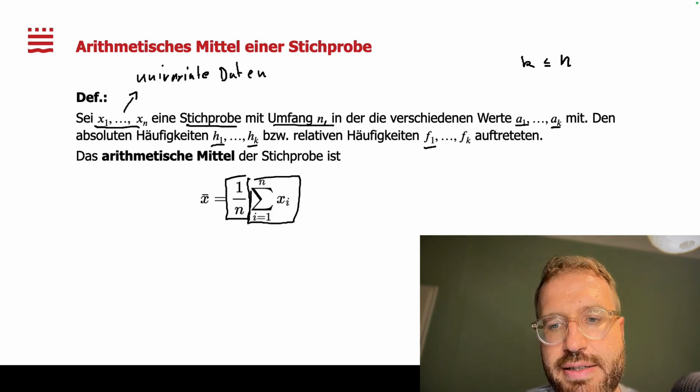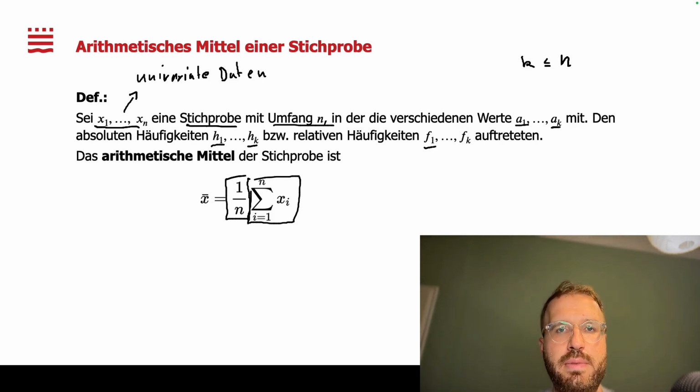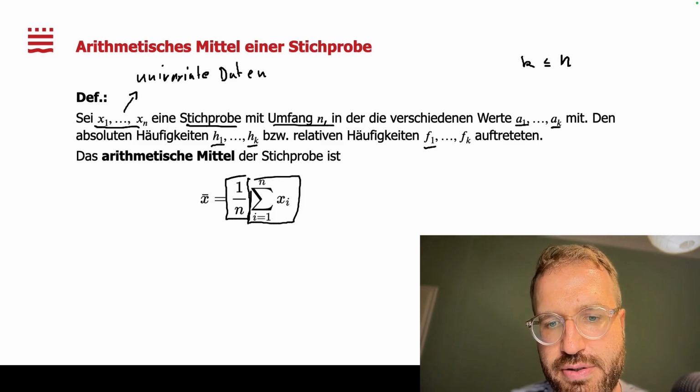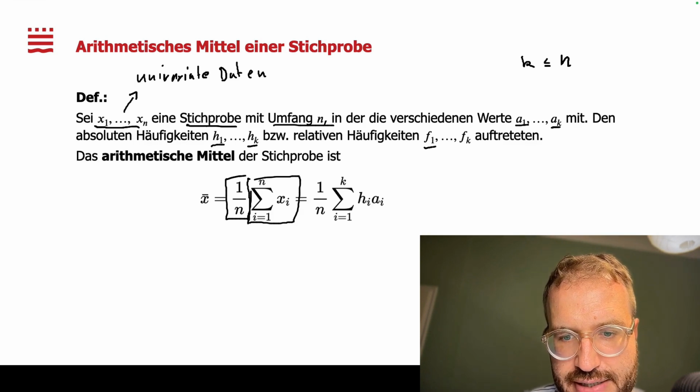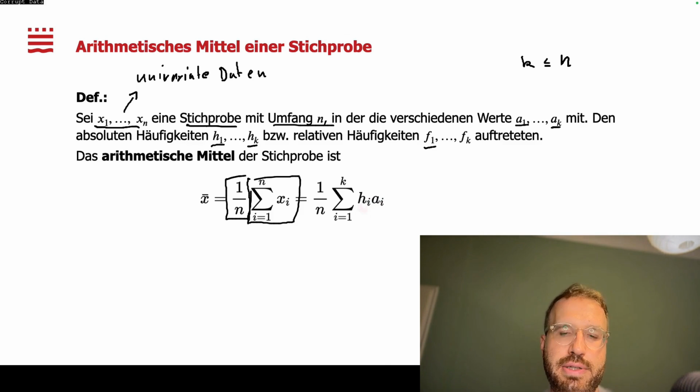And if you have grades, you can make it a bit simpler by saying, I count how many times I got a 1, how many times a 2, 3, and so on. And then I multiply the number of times I got a 1 by 1, the number of times I got a 2 by 2, and so on. And that number is the absolute frequency. This means that the formula you then get is hi times ai, which is the frequency times the value itself.